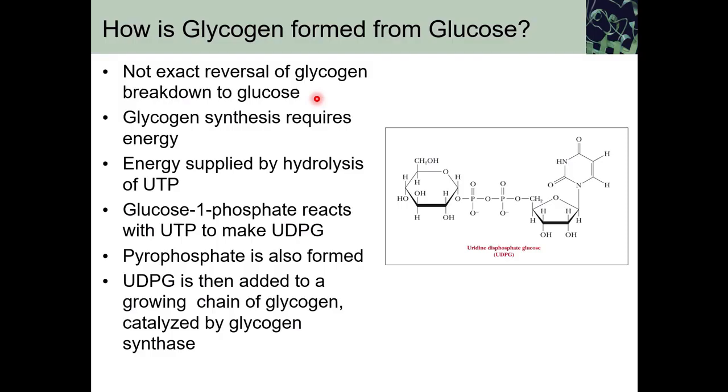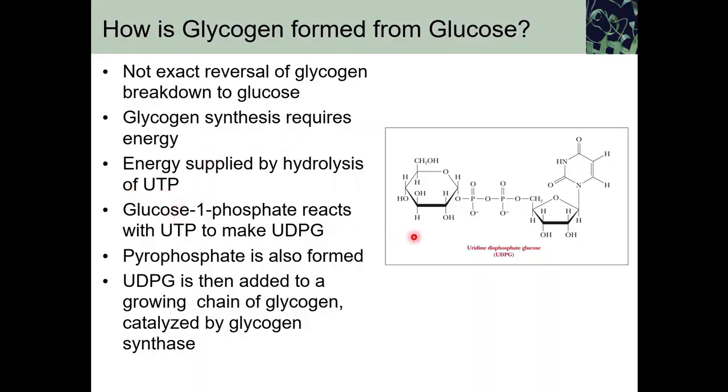There are steps in these pathways that are not encountered in the opposite pathway. We're going to learn more about that later. For now, let's turn our attention to the synthesis of glycogen from glucose. Glycogen synthesis requires energy, and this energy is supplied by the hydrolysis of uridine triphosphate.